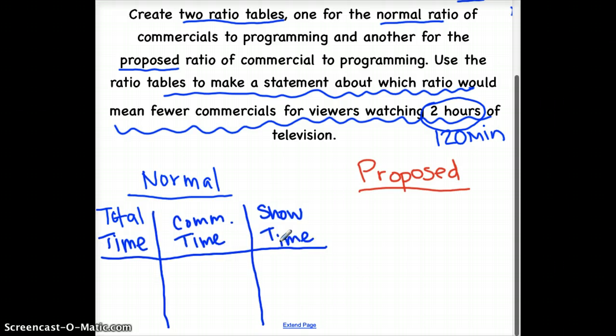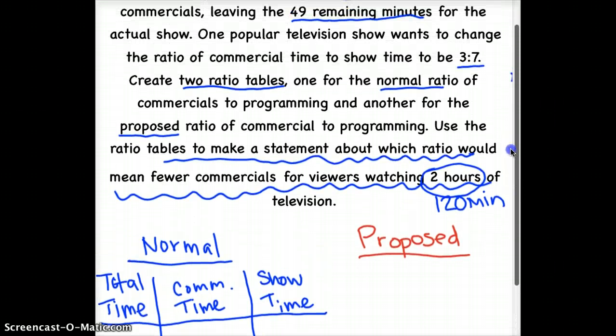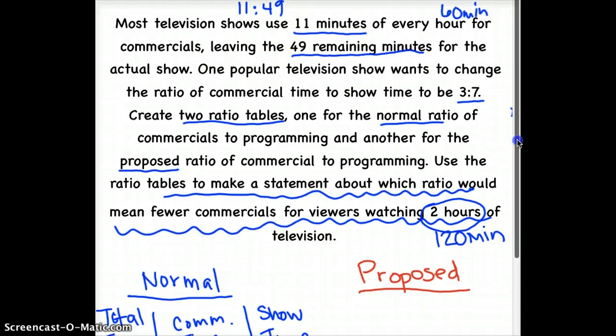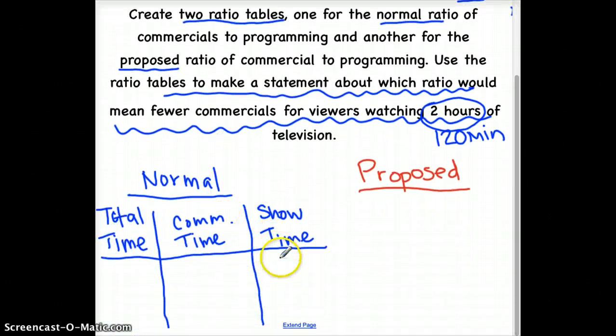Okay, so up above, it said that our ratio is 11 minutes of commercials and 49 minutes of actual show. So the total time of that show was 60 minutes. All of these are going to be given in minutes.